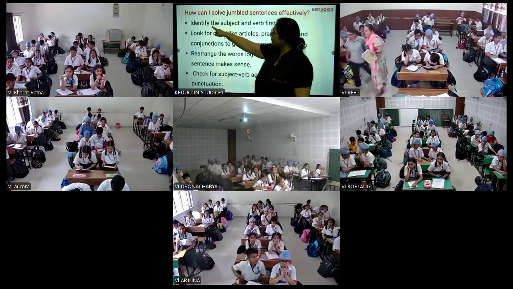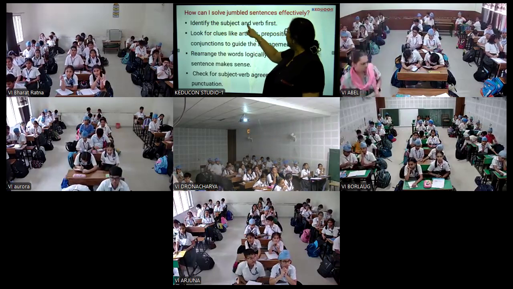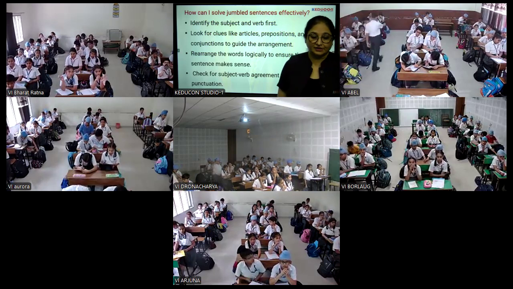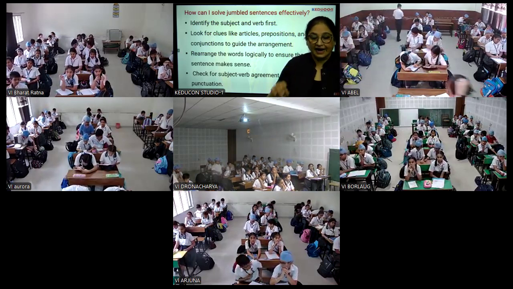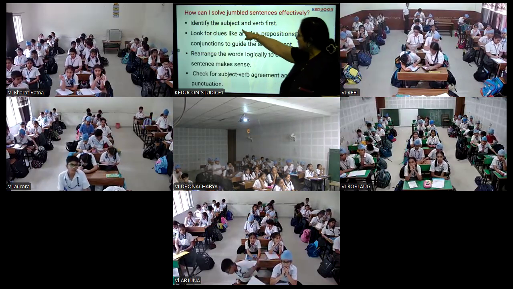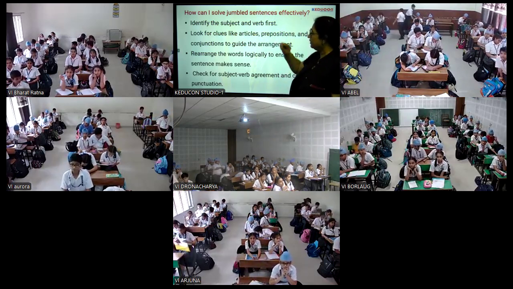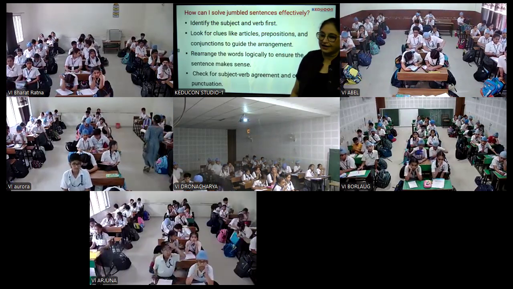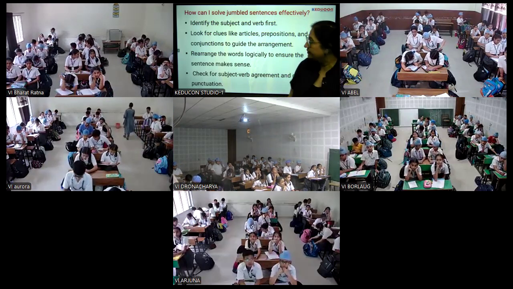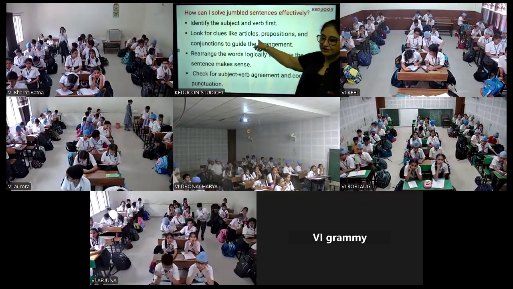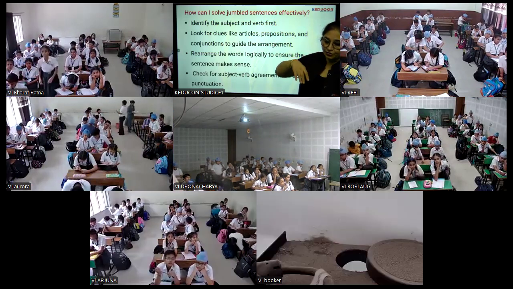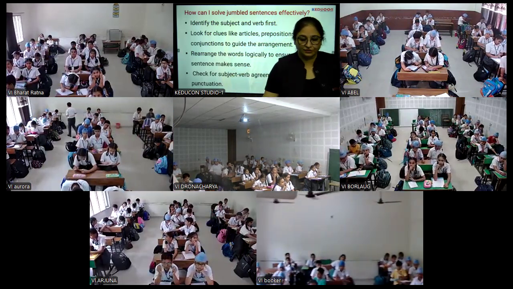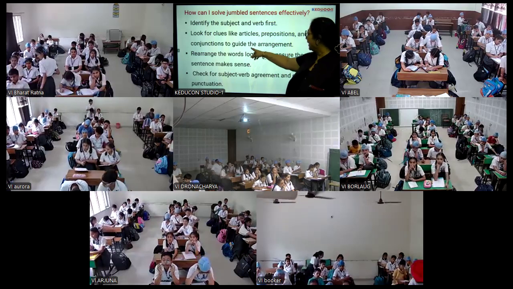First, you have to identify the subject and verb, two very important things in a sentence. Then, look for clues like articles: a, an, the; prepositions like under, over, into; and conjunctions, joining words, to guide the arrangement.